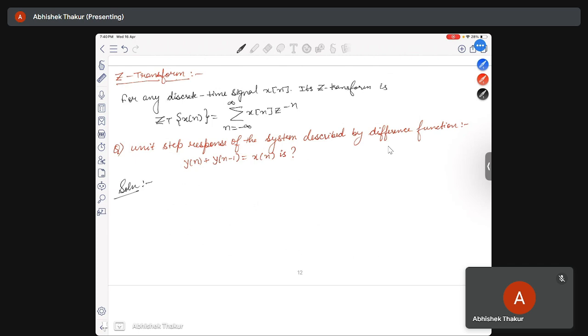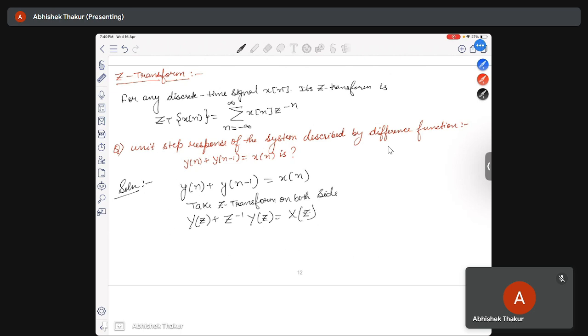So we take the Z transform on both sides. We get Y(z) plus z inverse Y(z) equal to X(z).